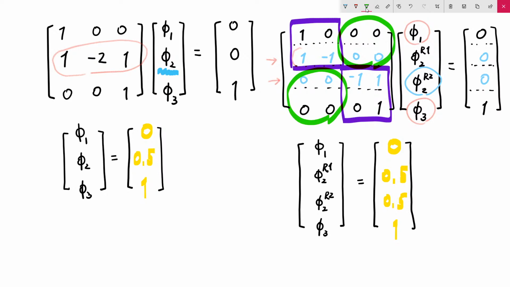Simply speaking, R1, the region 1, and R2, the region 2, are completely separated and they do not communicate to each other.